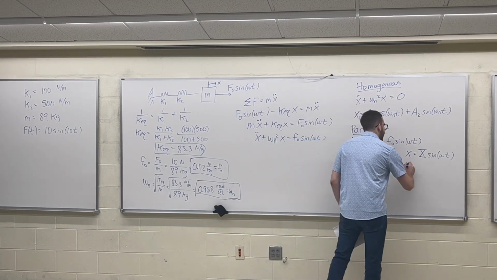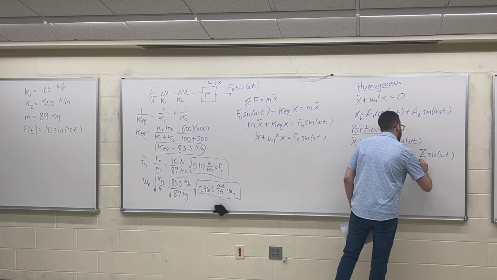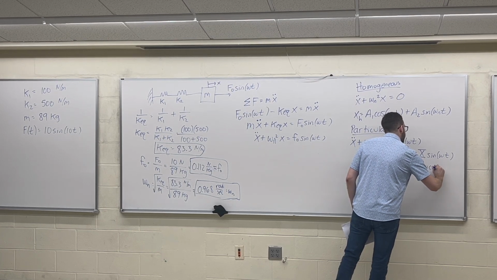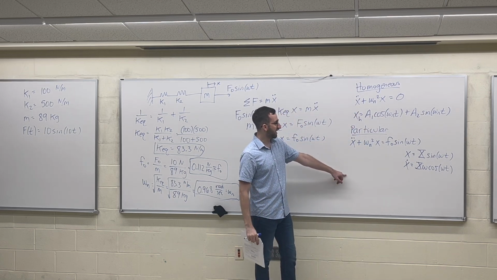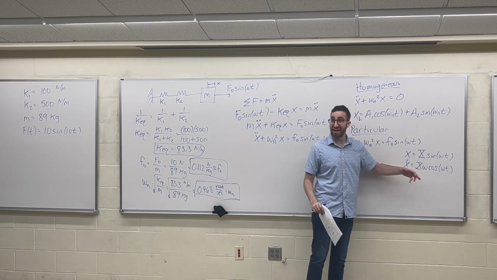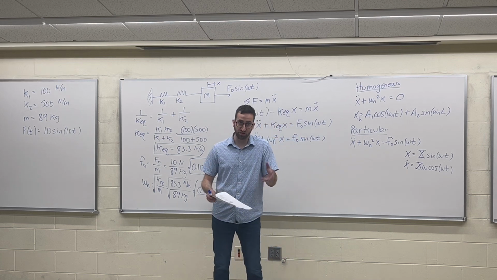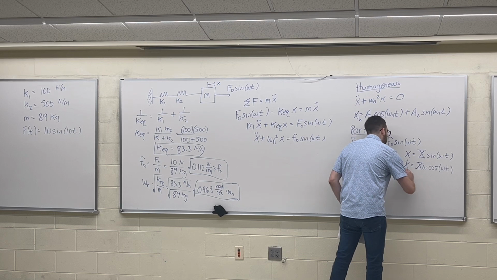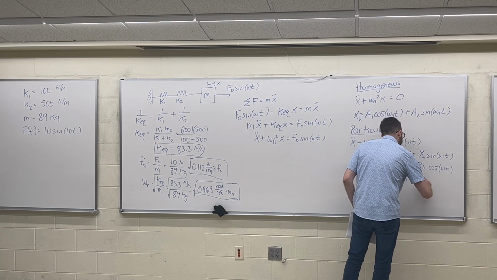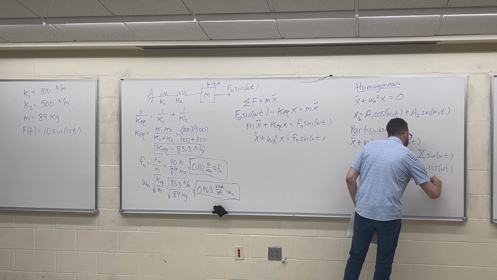So x dot is x omega cosine omega t. And if you have a damper, this is when this becomes annoying because you have an x dot term with a cosine. You can't cancel things as easily. That's frustrating, which is why this isn't the best way if you have a damper. But if you don't have a damper, what's nice is that you end up with a bunch of signs that all cancel.